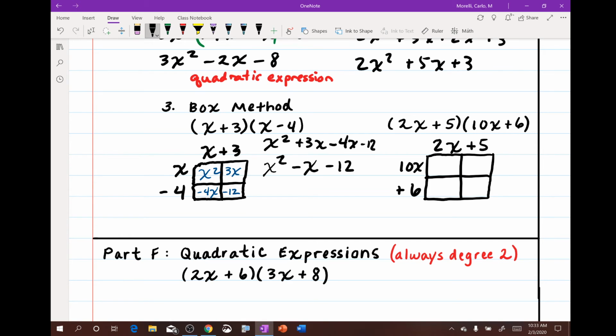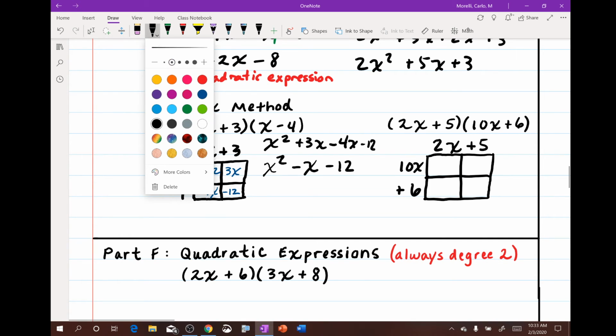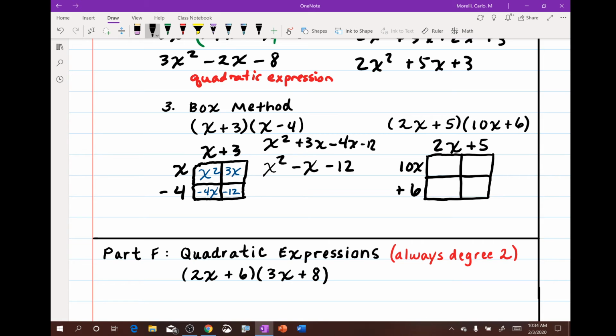And let's fill this out together. 2x times 10x. 20x squared. 2x times 6. Correct. 12x. 5 times 10x. 5 times 6. Okay, 30.